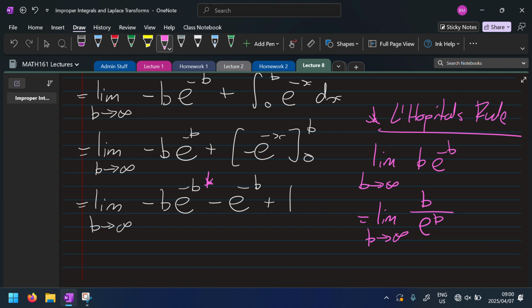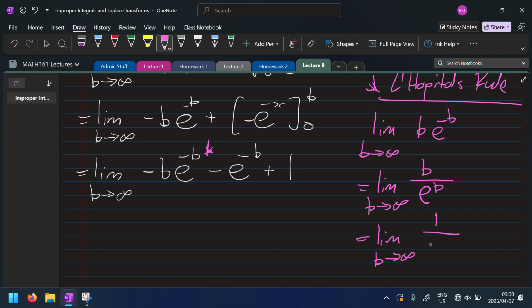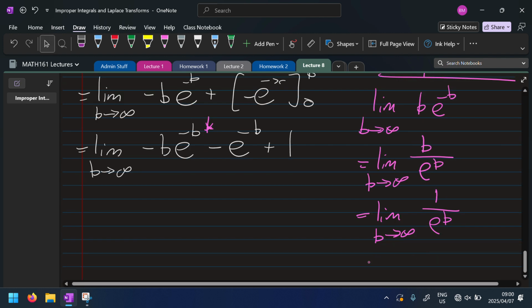The top goes to infinity, the bottom goes to infinity. Indeterminate form, we can use L'Hopital's rule. So this is going to be the limit as b goes to infinity of 1 over e to the b. Now when b goes to infinity, the bottom goes to infinity, so the fraction goes to 0.